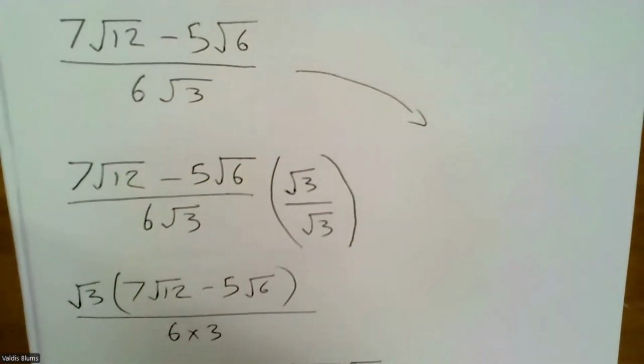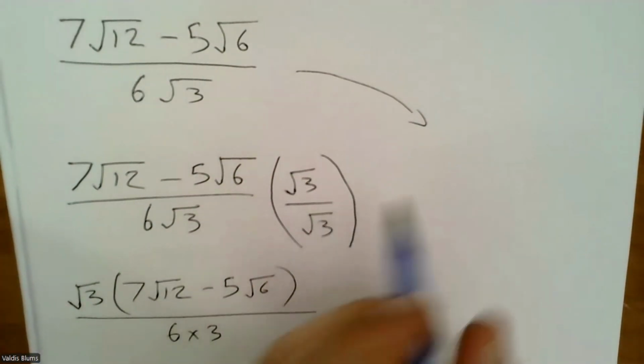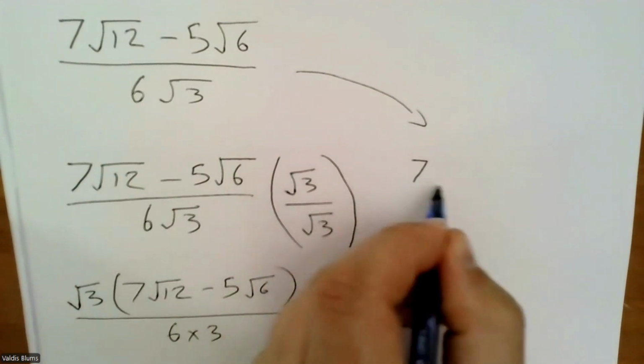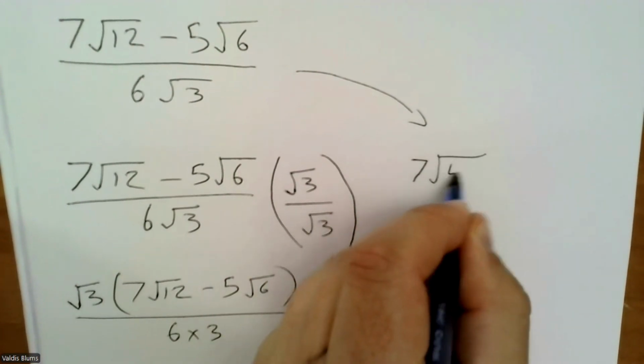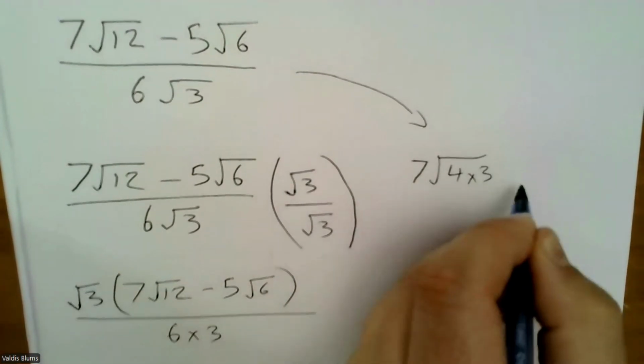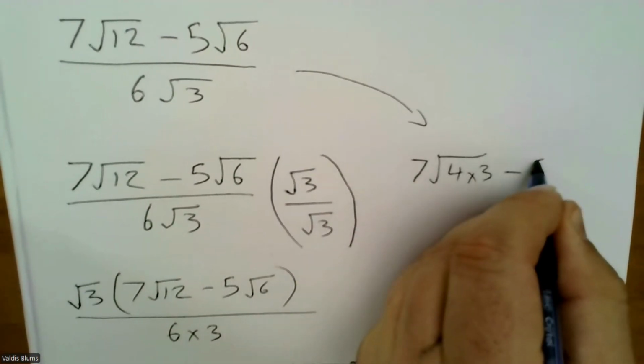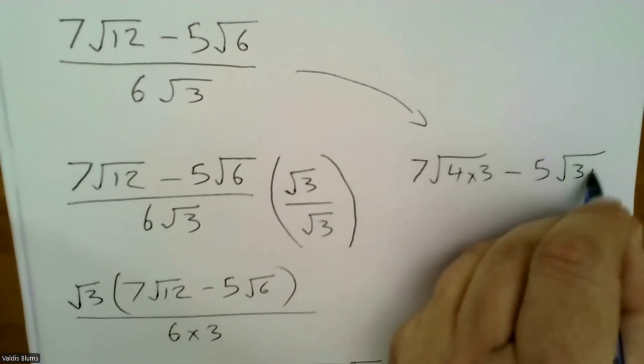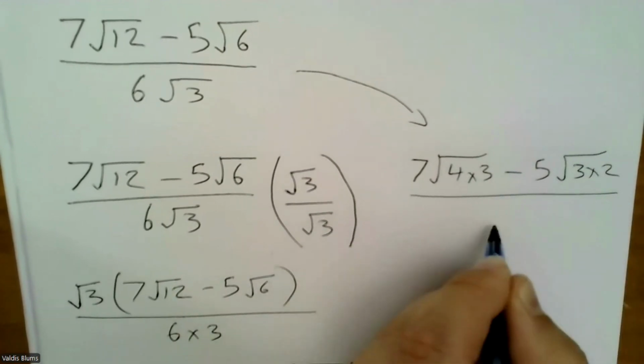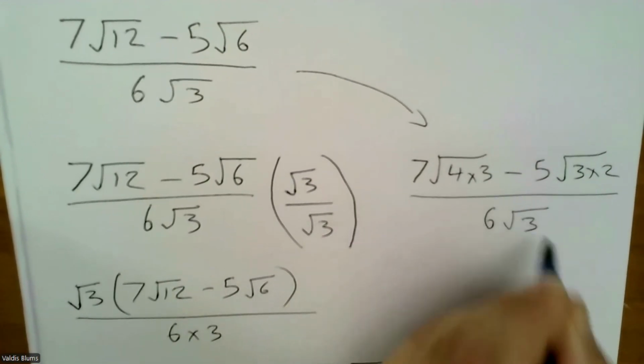Using some critical thinking, I could, instead of applying this rule, break this up as 7 square root 4 by 3 minus 5 square root 3 by 2 all over 6 square root 3.